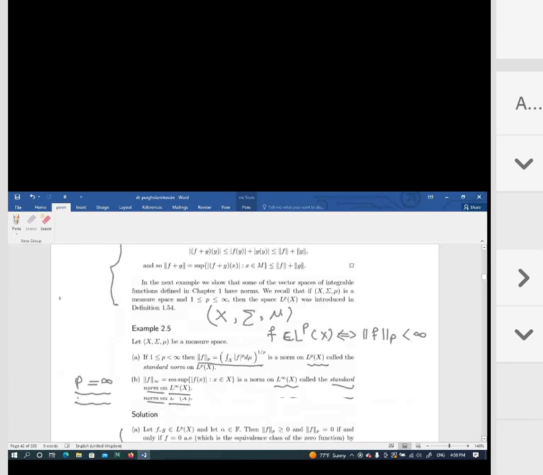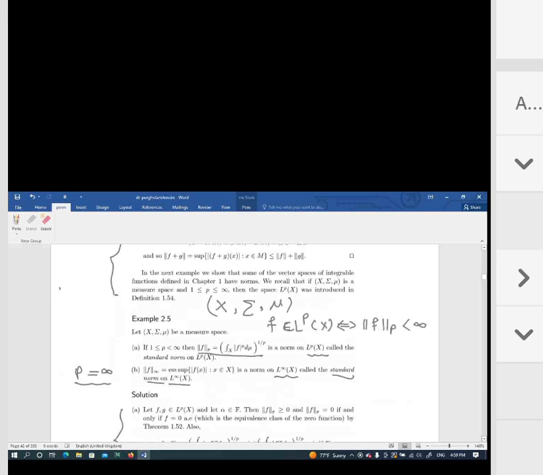Another important example is for a measure space (X, Σ, μ).